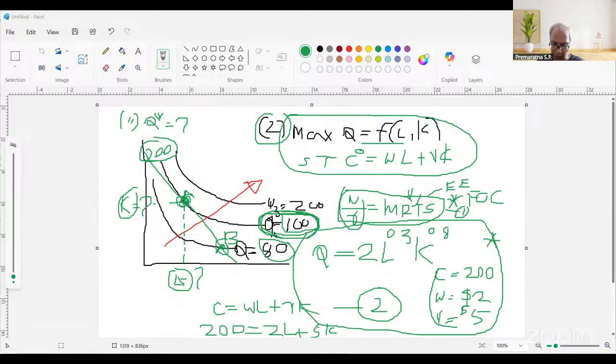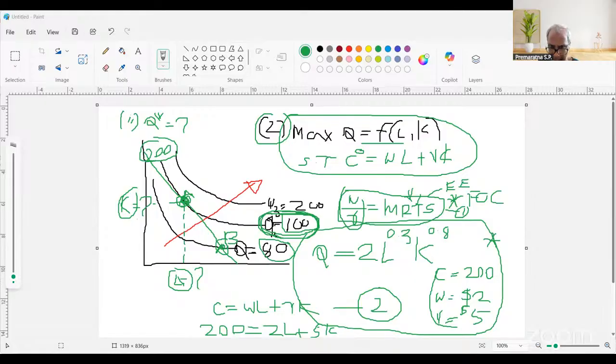Now, given an amount of output, let's say 100,000, they are trying, like I explained, to produce at the minimum budget. That is the point here.